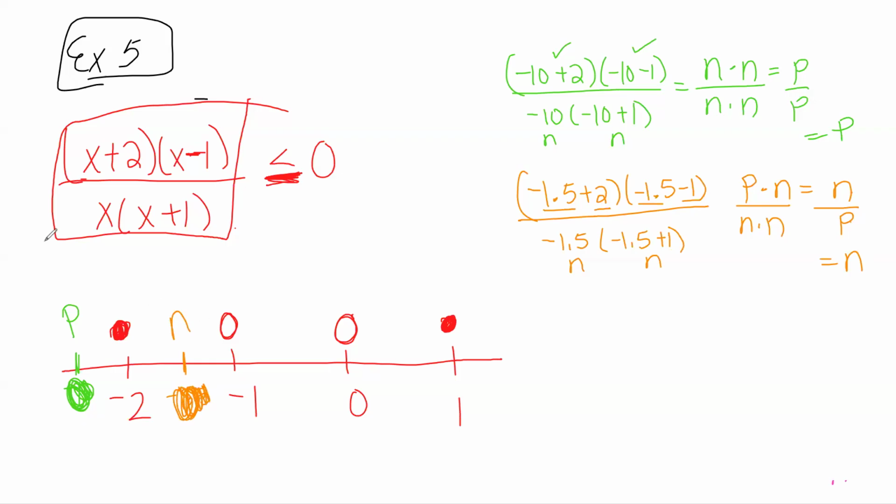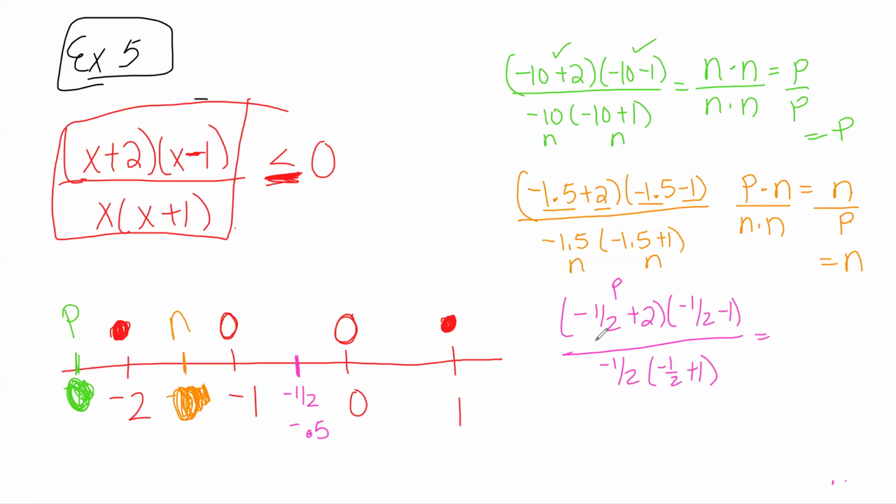Favorite number in between -1 and 0, I'm going to do -1/2. Again, you don't really have much choice there. -1/2 or -0.5. So I'm going to do -1/2 plus 2, -1/2 minus 1, -1/2, -1/2 plus 1. Okay, so this would be positive because you owe me 50 cents, you give me 2, that's extra.